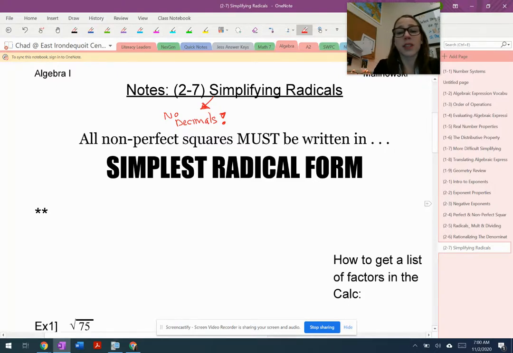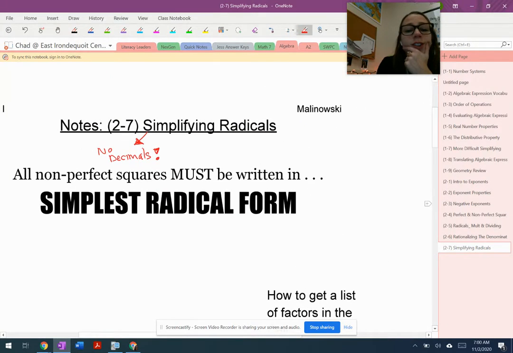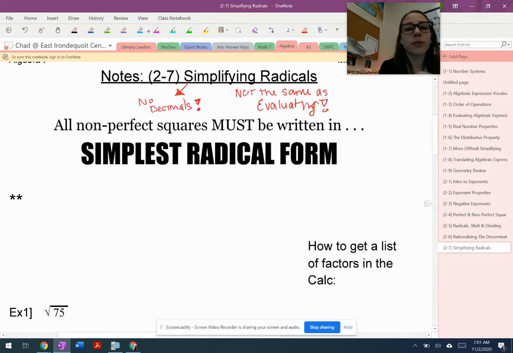Simplifying, no decimals, not the same as evaluating. Let's go and write that too. So this is not the same as evaluating. Boom. All right, so simplest radical form, super duper important.